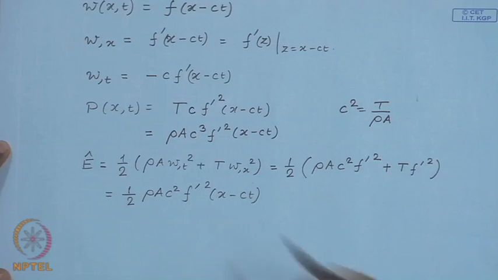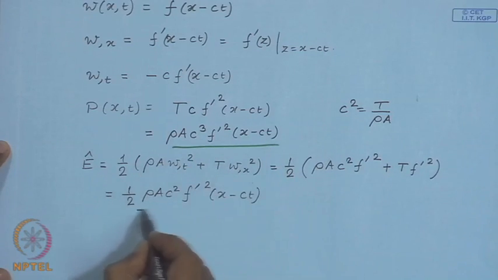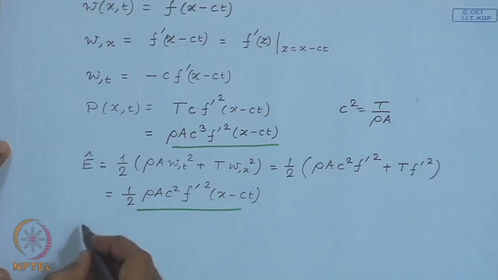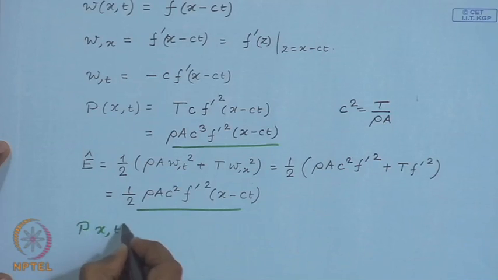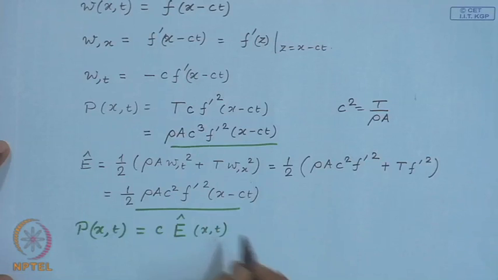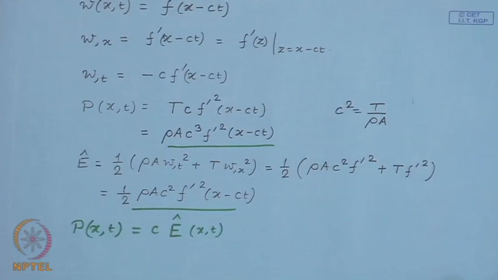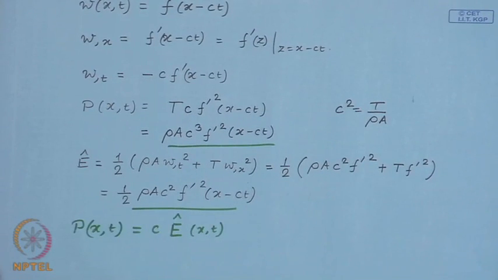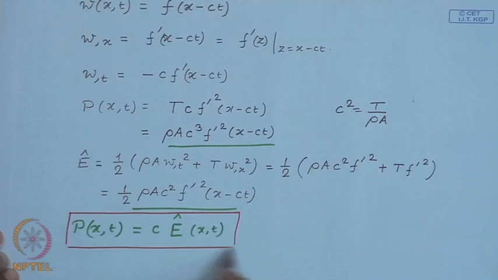Now if you compare this and this, you can write the instantaneous power flowing past a location x at time t is c times the energy density at that location. So, this is an important conclusion that we draw.